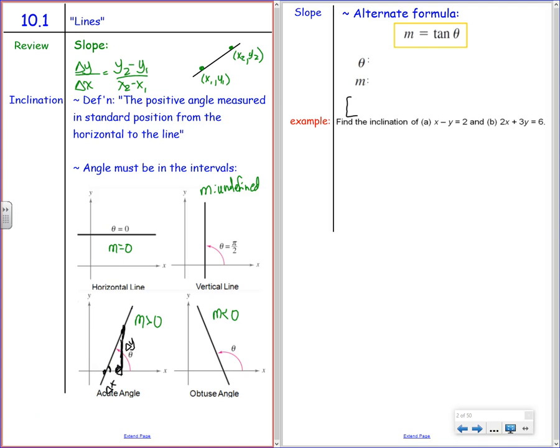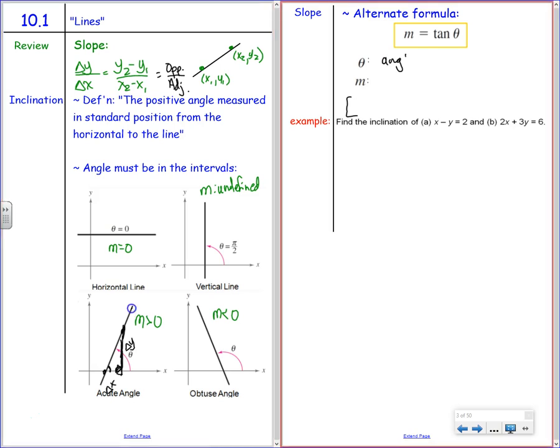And wouldn't the adjacent be the delta x, the change in the x values? So when we do delta y over delta x, we could also say opposite over adjacent. And who's OA? Tangent. So this theta we're going to call an angle of inclination.